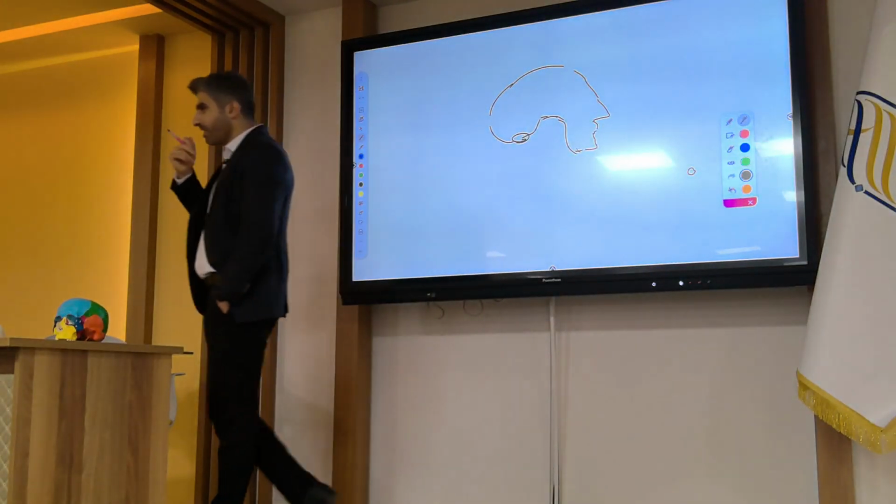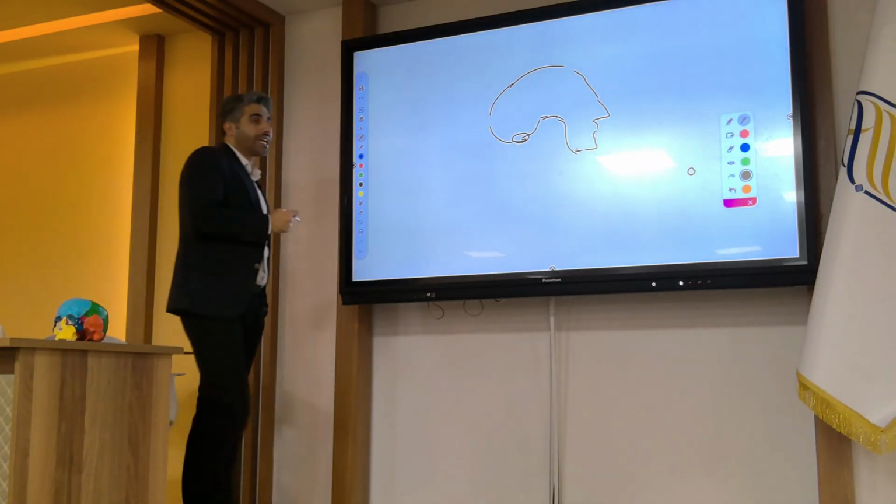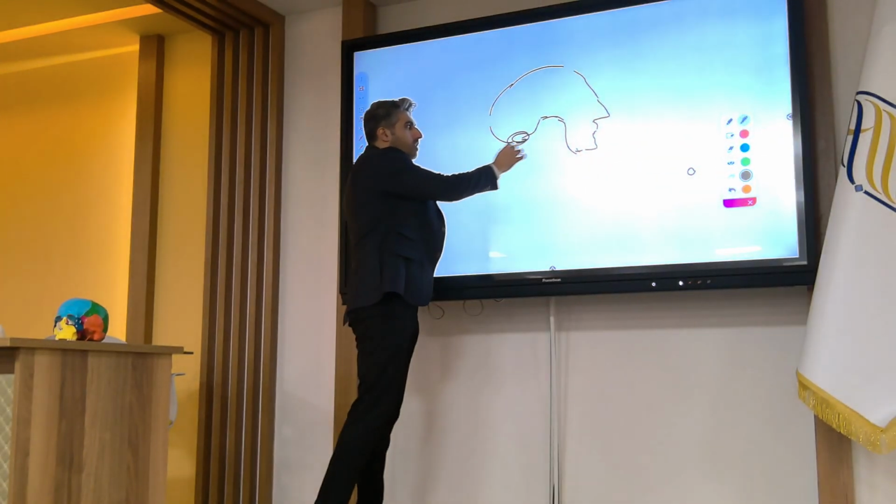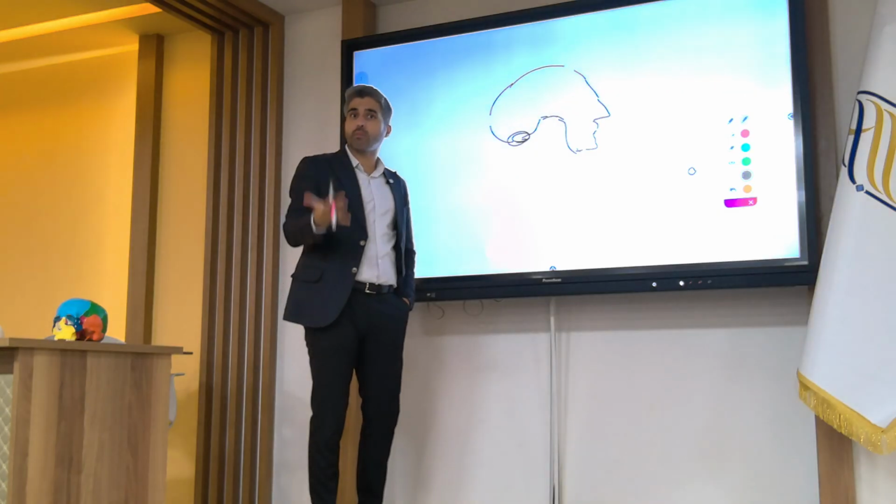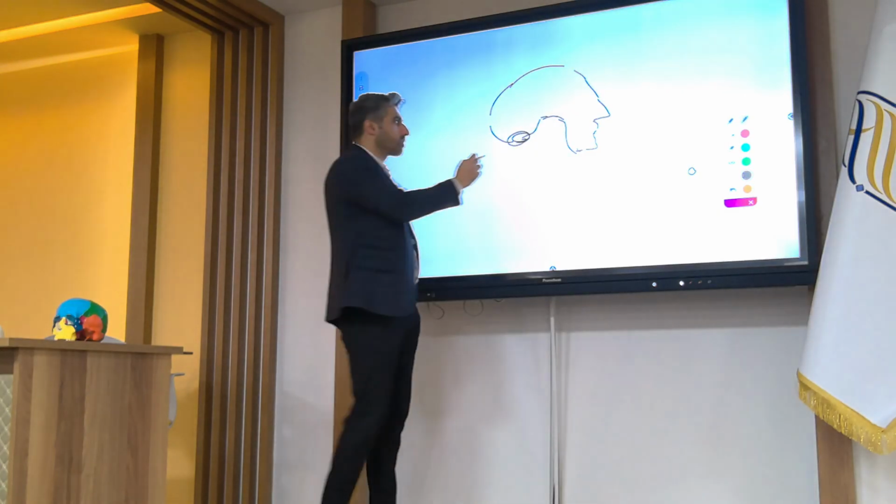This is a skull. Okay, look at here. We know that this is the foramen magnum. The foramen magnum attaches to the vertebral column, attached to the spinal cord.